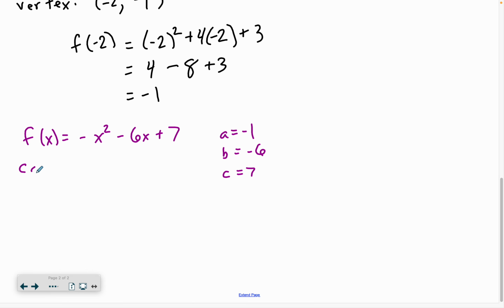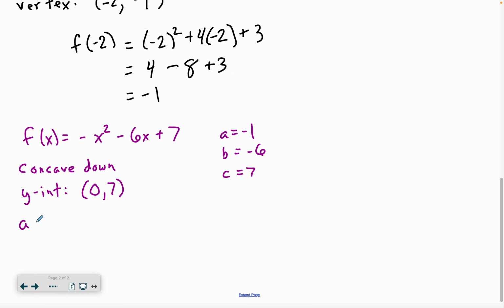So, since a is negative, it's concave down, like a frown. Alright, we've got that. Y-intercept is always 0, comma, c. Since I wrote down c is 7, 0, comma, 7.